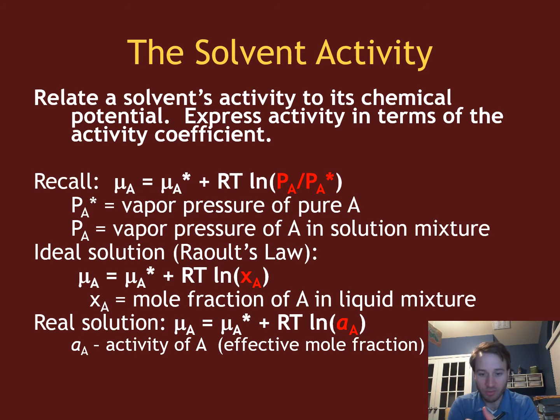Now in ideal solutions, we assume Raoult's law, so we assume that this ratio of vapor pressures is just equal to the mole fraction in the liquid phase, which is an approximation. For a real solution, we would write it instead of a mole fraction as an activity. We define the activity of the solvent, lowercase a, and you can think of it as the effective mole fraction, since you don't have an ideal mixture.